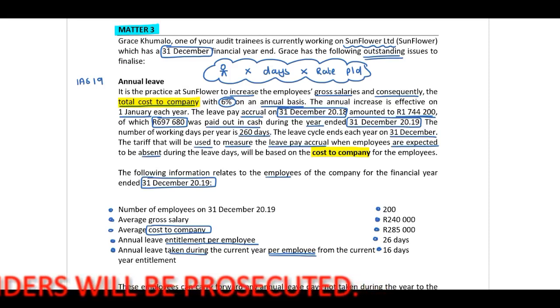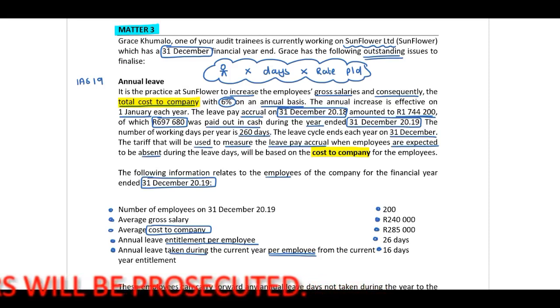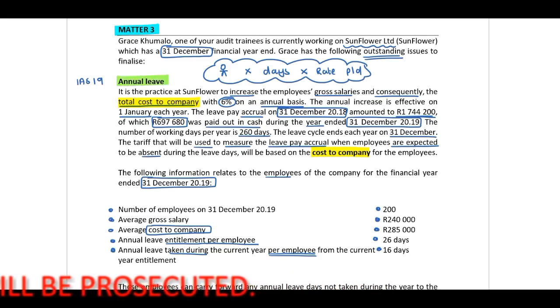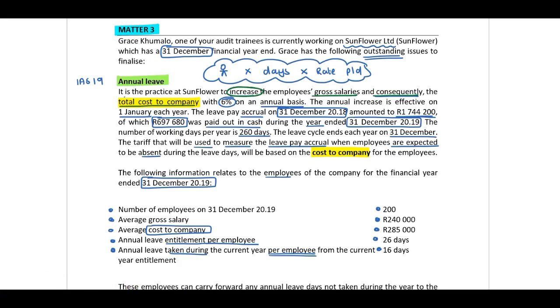Now, let's just briefly read through the information again. Annual leave. It is the practice at Sunflower to increase the employees' gross salaries and consequently the total cost to company with 6% on an annual basis. The annual increase is effective on 1 January.